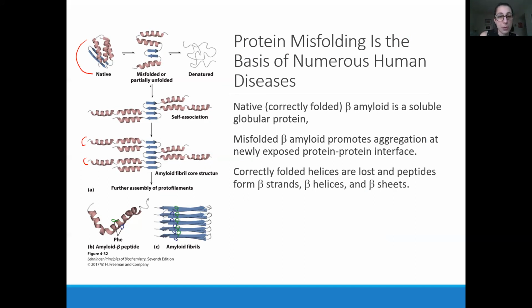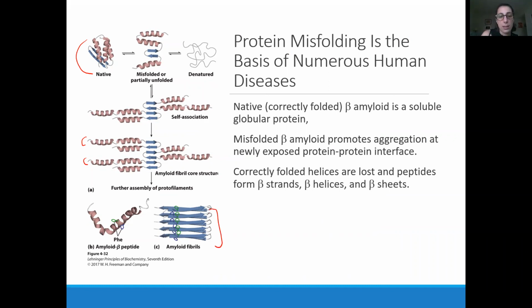So at this point, the unfolded structure can actually influence other natively folded beta amyloids to unfold and denature and then fold into this amyloid fibril structure. These structures will then further assemble and they become these very large, what we call amyloid fibrils.